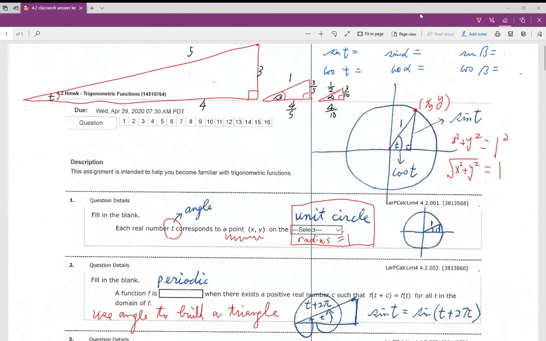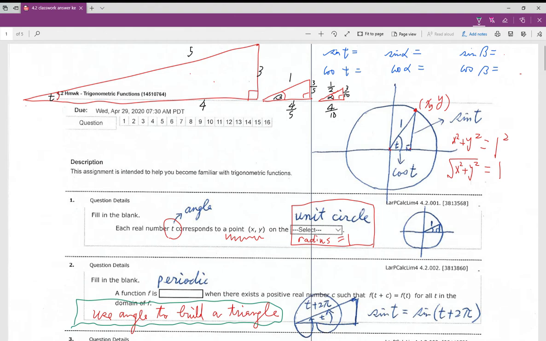Now inside the unit circle, you may use an angle to build a triangle. So inside this unit circle, we build a triangle according to an angle.